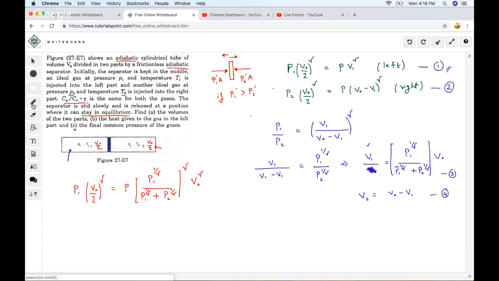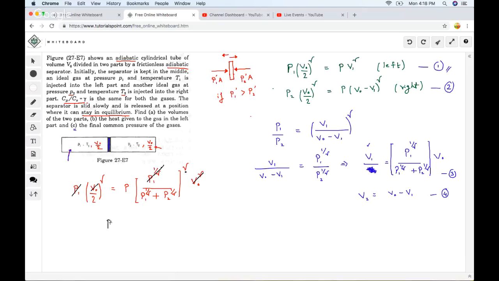Now you can see that P1 raised to power 1 by gamma raised to power gamma is P1 only, so this will get cancelled out from here, and V naught raised to power gamma is gone from there.